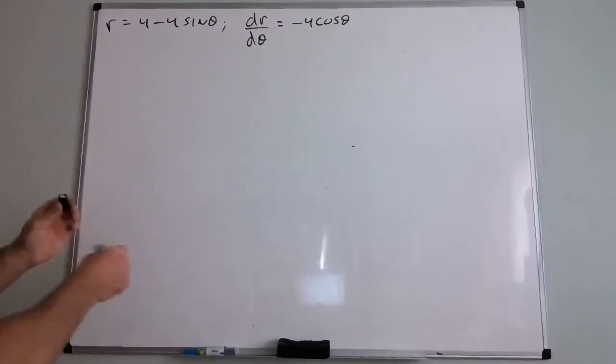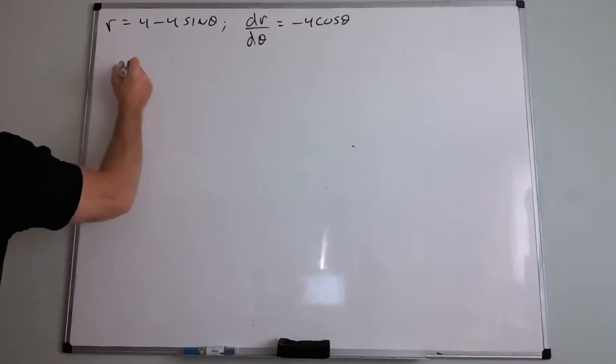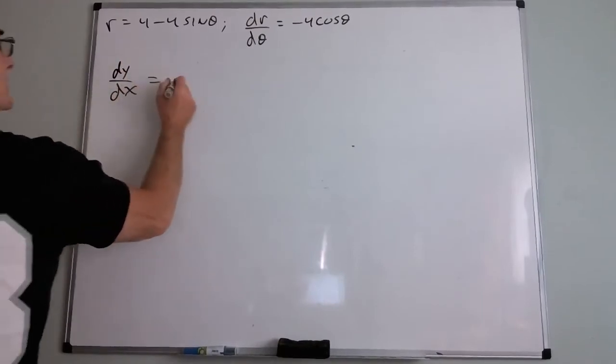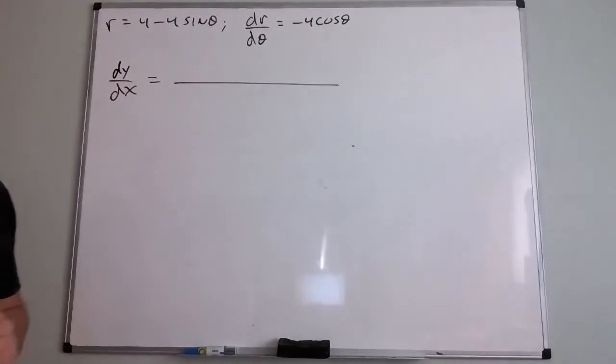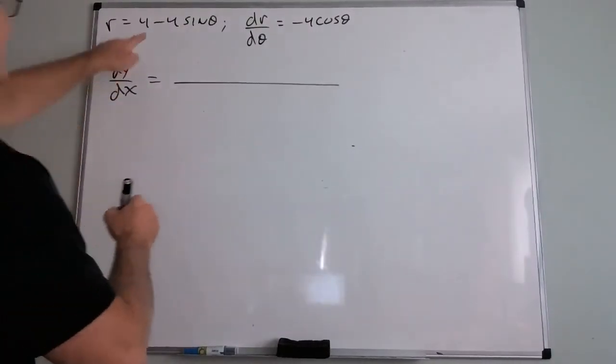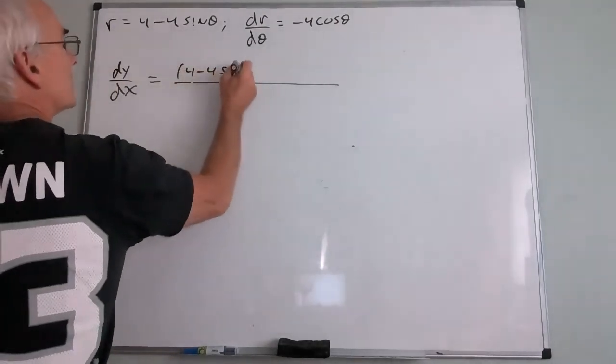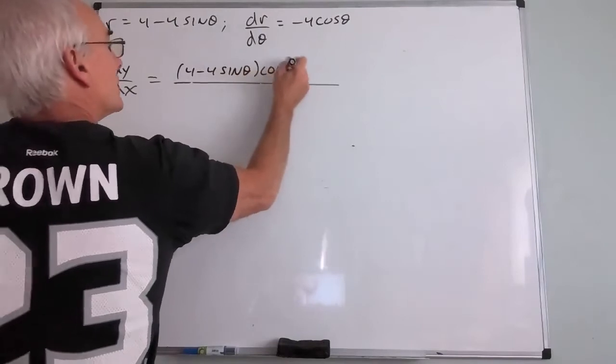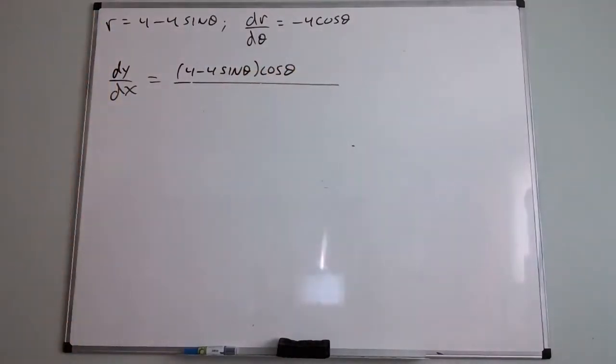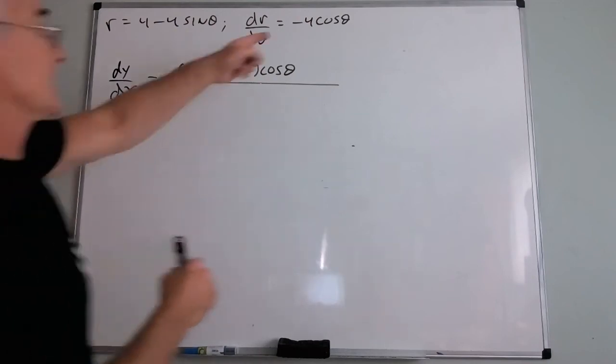So now my dy/dx, using the formula that we just derived. Now remember what it starts with? It starts with r cos. So this quantity is my r, and then plus sine times dr/d theta, which is here.